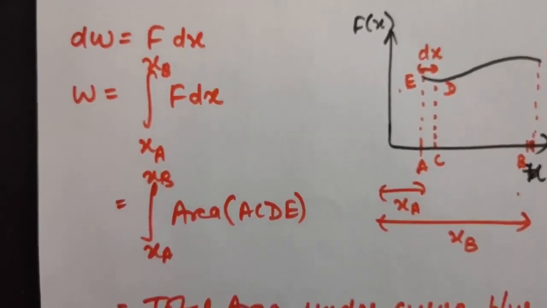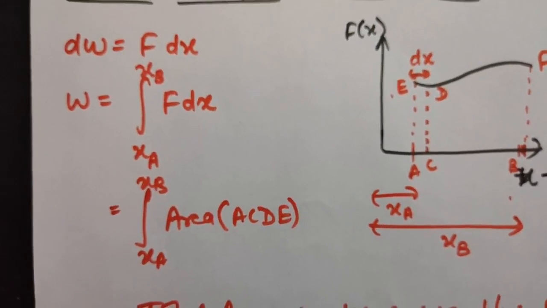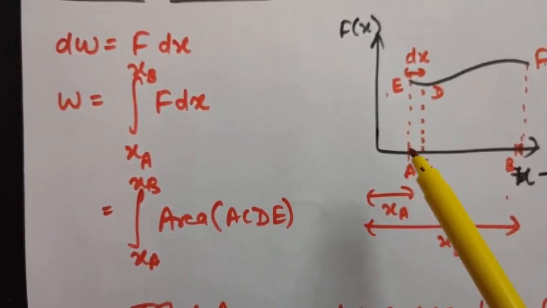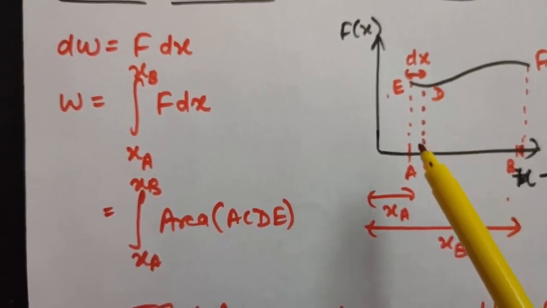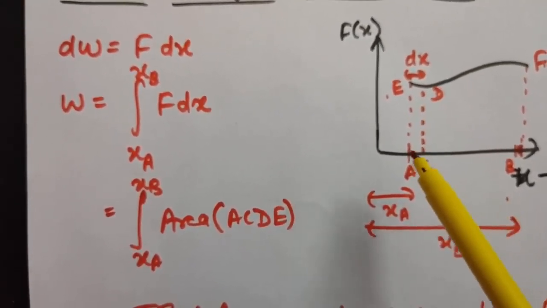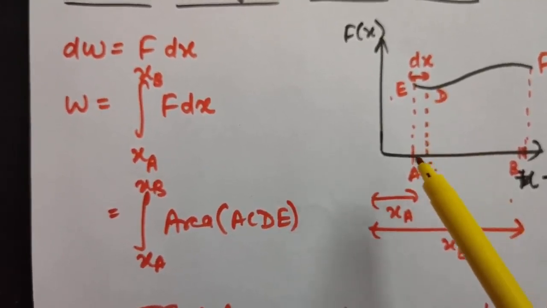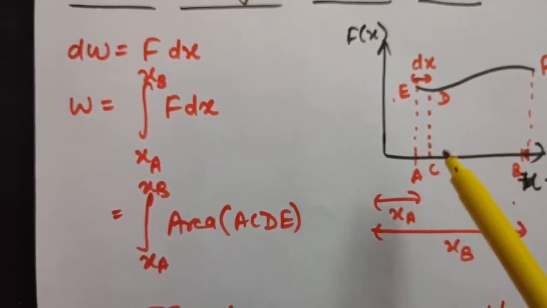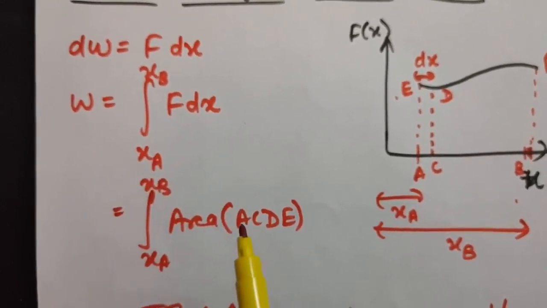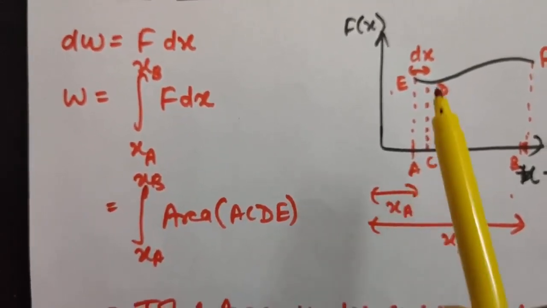Now clearly look here, F is this length, dx is this length. If you consider this as a rectangle, F is the length and dx is the breadth. Length into breadth is nothing but the area of this strip, so we can write F dx to be the area of the strip ACDE, right?